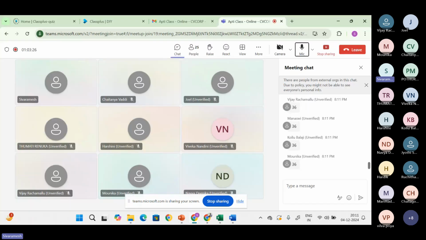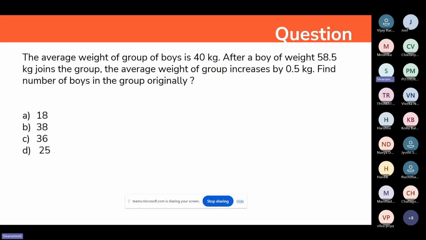Yes, I got, very good. For 4 answers I got it as 36. Yes, very good, guys. 36 is correct.